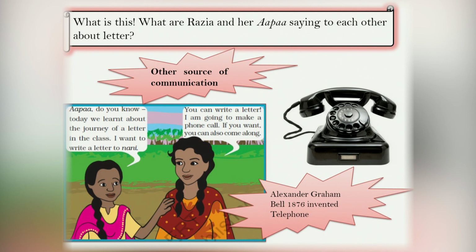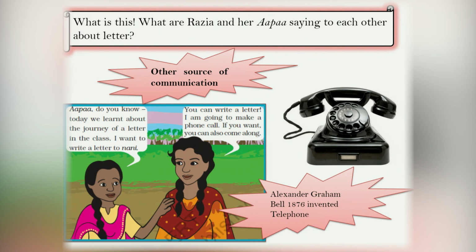So here we will discuss other means of communication apart from letter writing. They are going to make a telephone call. Whenever we hear about the telephone, we come to know that the telephone was invented by Alexander Graham Bell in 1876.